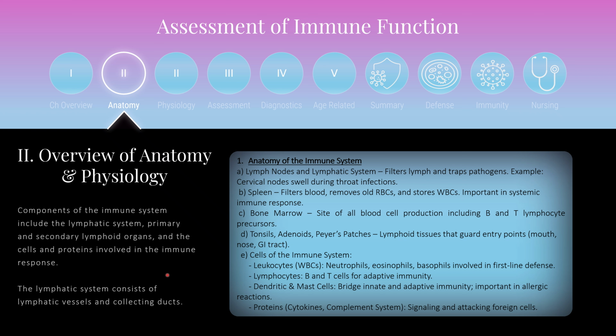Lastly, we have the cells of the immune system: the lymphocytes, the white blood cells, the neutrophils, eosinophils, basophils involved in the first line defense, lymphocytes, the B and T cells for adaptive immunity, dendritic and mast cells, which bridge innate and adaptive immunity, important in allergic reaction.